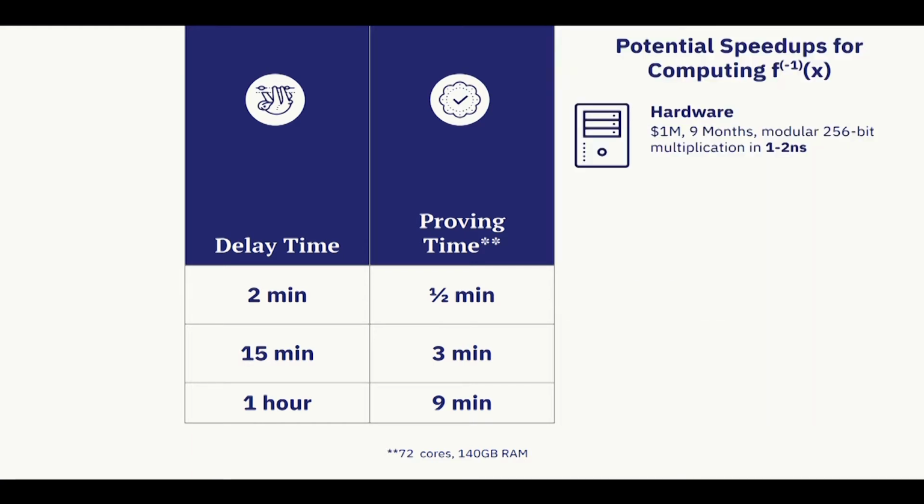So if one goes down this route, there are several potential speedups that you have to factor in. For instance, according to Kelly and Supranational, if someone were to spend $1 million in roughly 9 months, then you could get a chip that does modular 256-bit multiplication in 1 to 2 nanoseconds. So you can probably get a factor 10 speedup in hardware.